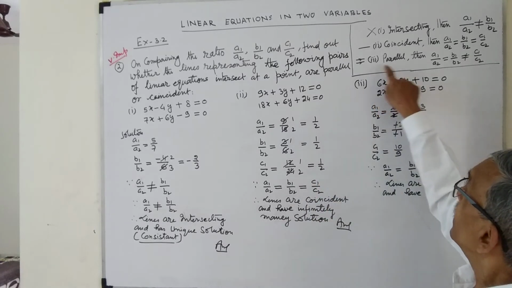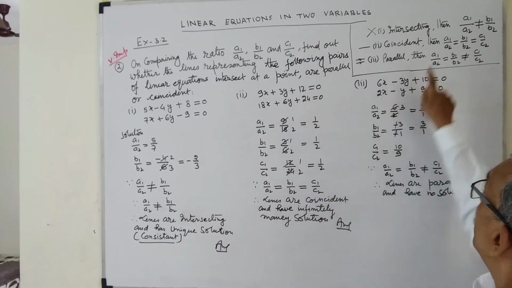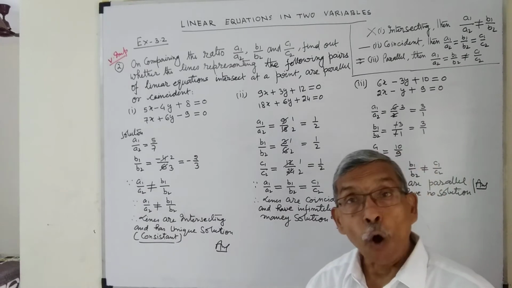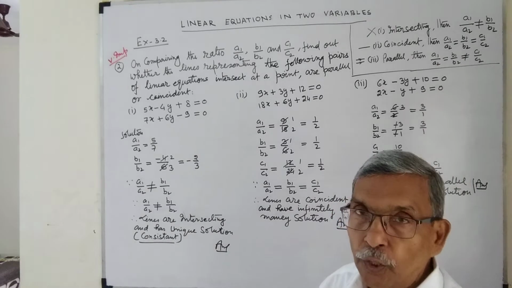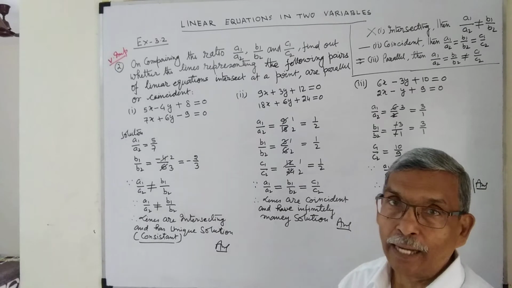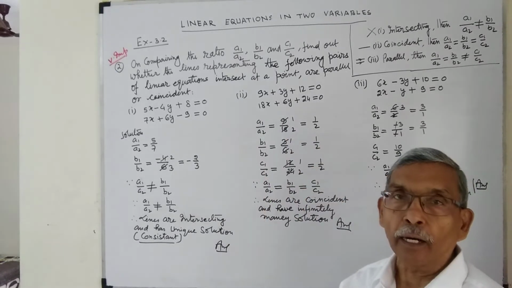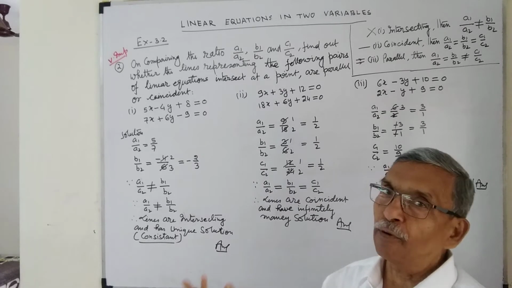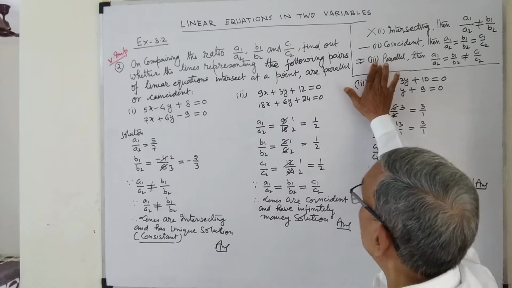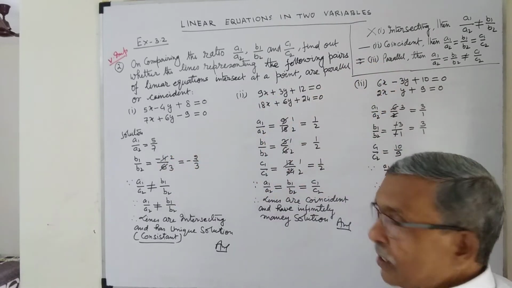Now condition number 3: when A1 upon A2 is equal to B1 upon B2 and is not equal to C1 upon C2, then it is a parallel line. Both lines will be parallel. If parallel, there will be no solution. So this is the condition. Now, on the basis of this, we will solve this sum.